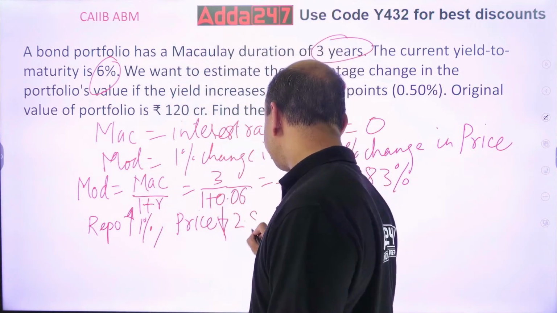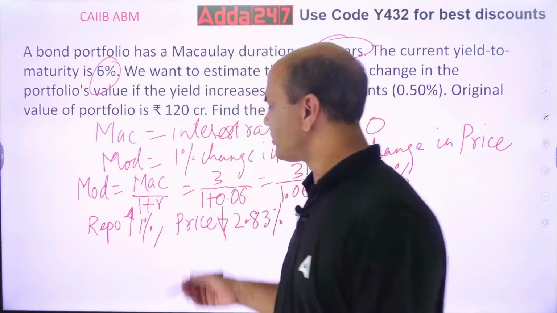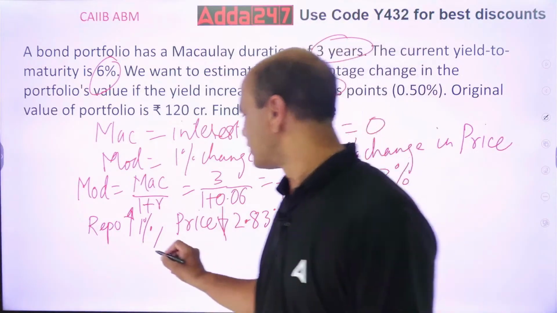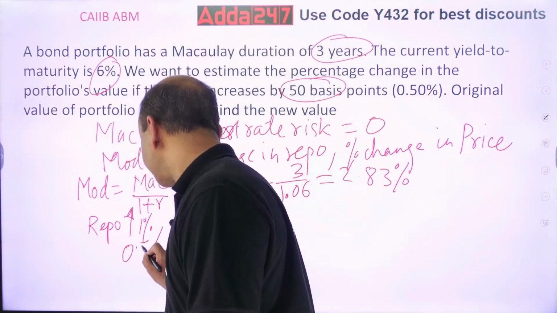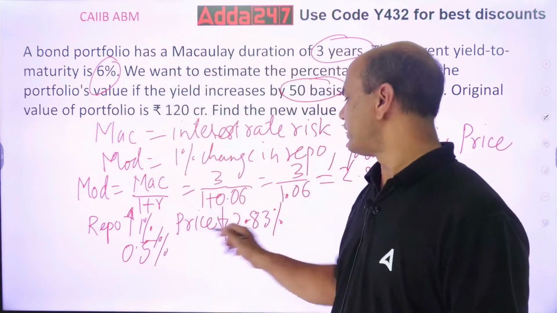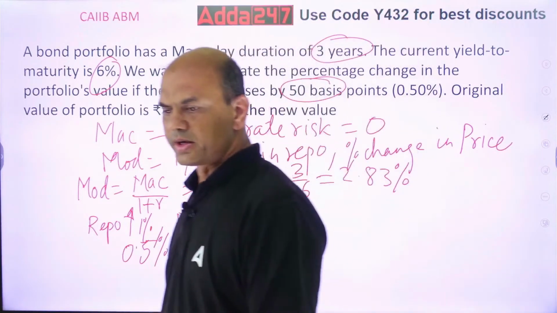So if my repo now rises by only 0.5, this will also change. So 0.5 into 2.83 upon 1.